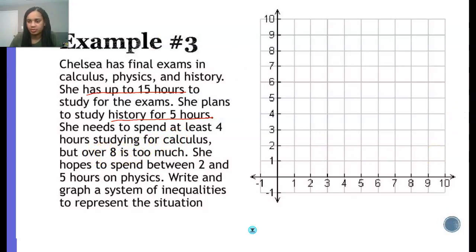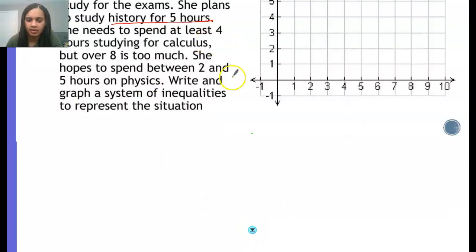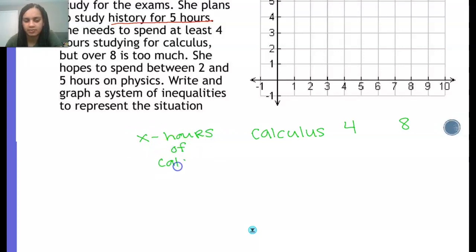So let's write a little bit of this down. Let's see. So for calculus, she needs to study at least 4 hours, but over 8 is too much. So at least, whenever I see at least, I know I'm studying between 4 and 8. I'm just going to say x represents the hours of calculus.